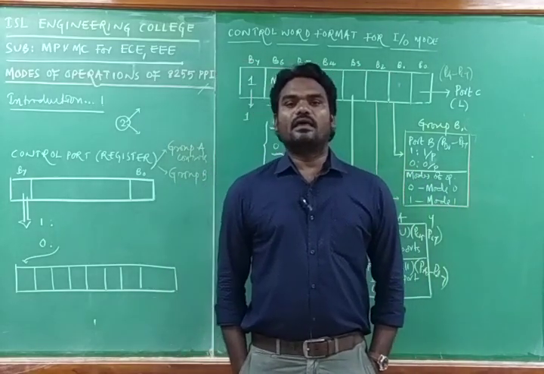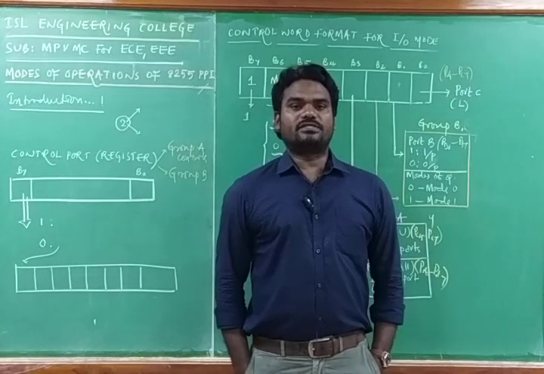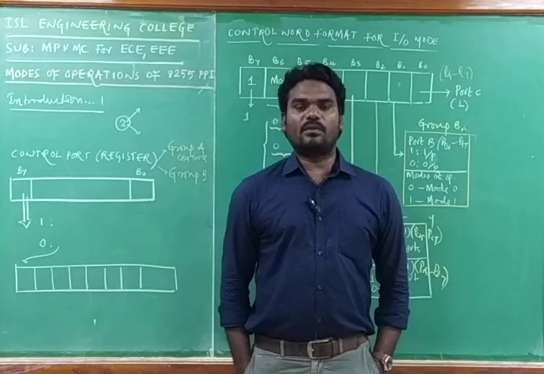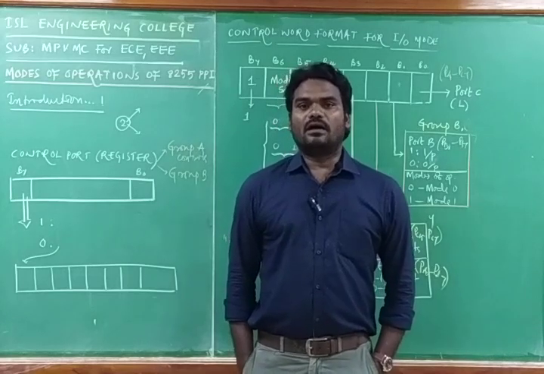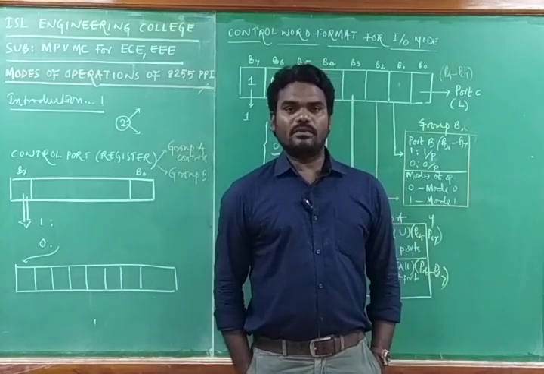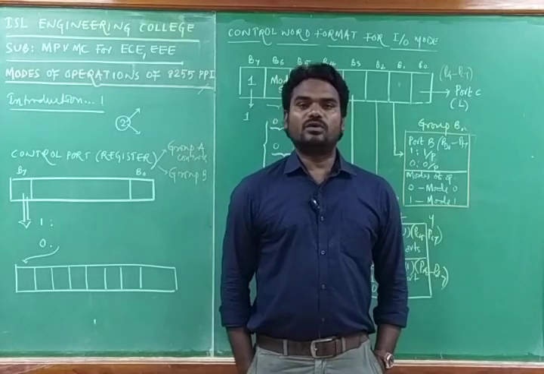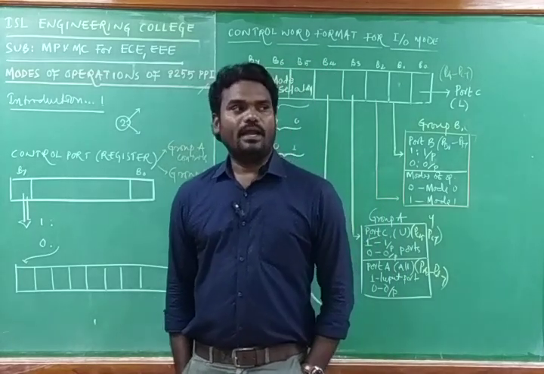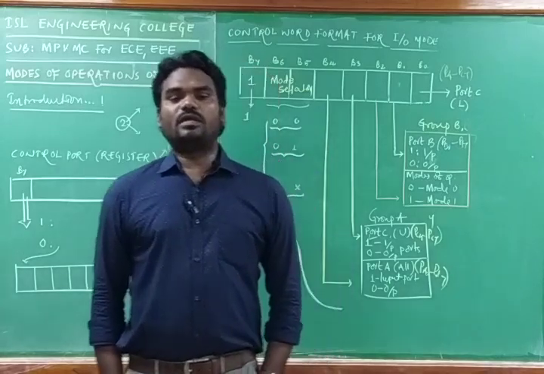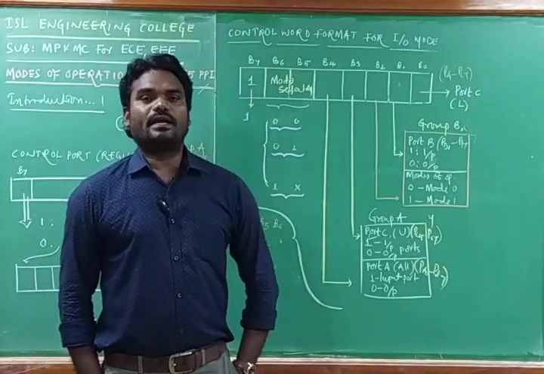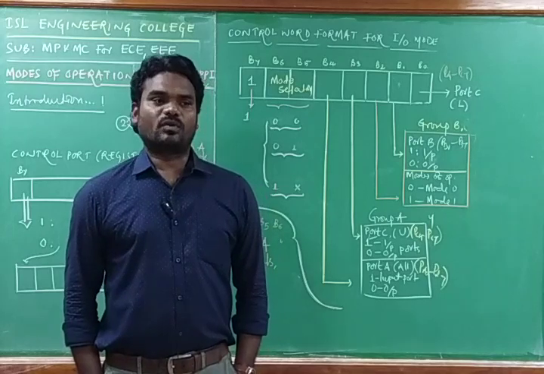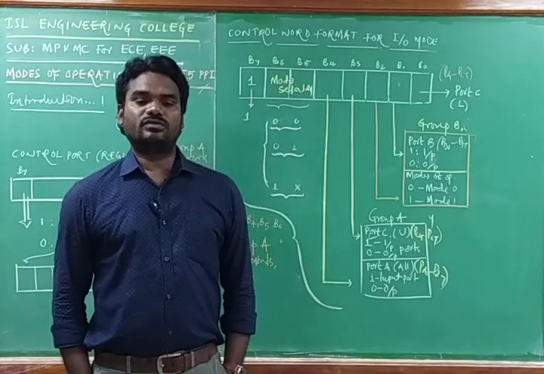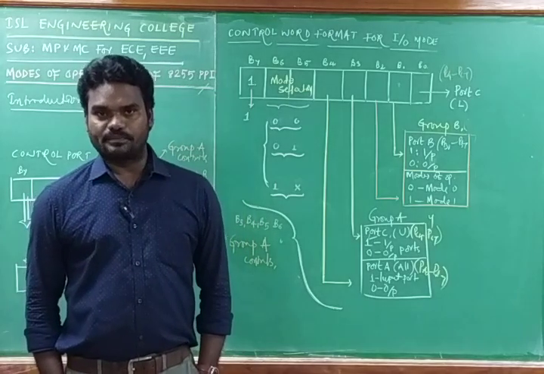8255, it is an integrated circuit. It is a programmable logic device which can be programmed by the programmer according to the program that is going to do a specific function. That is called PLD. 8255 is an integrated circuit and it is a programmable logic device which can be programmed according to the user program.